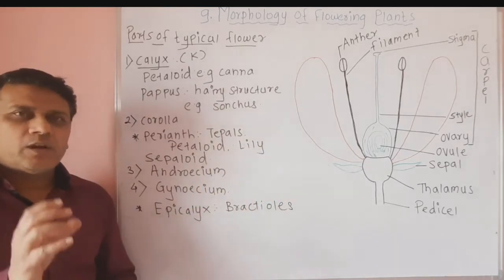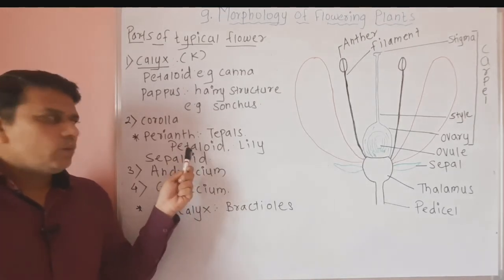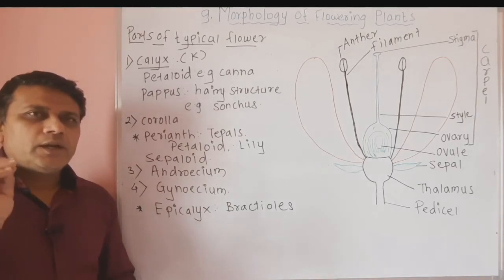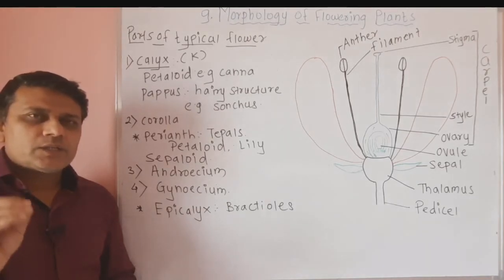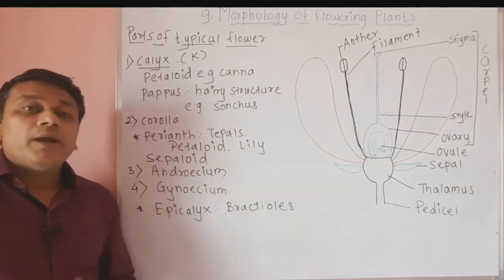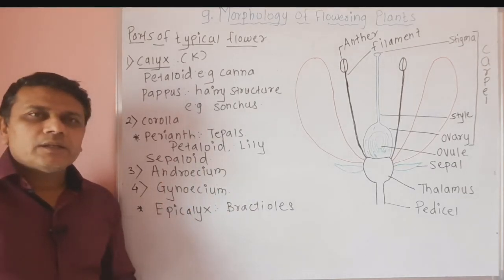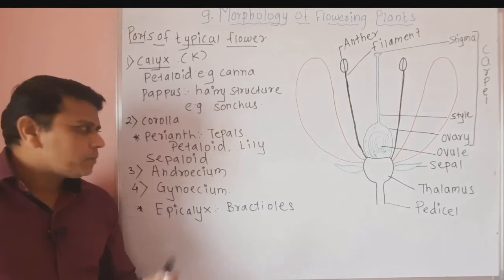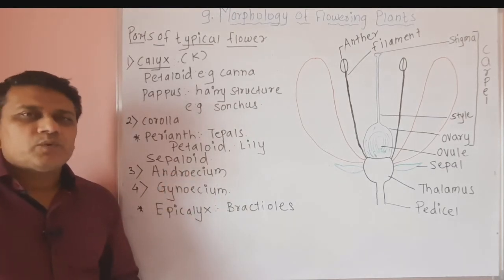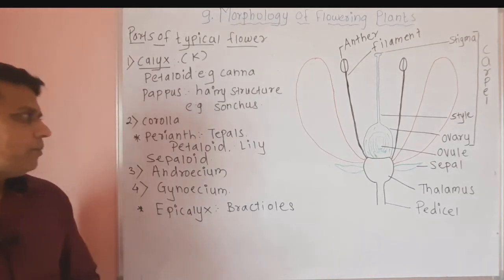Now you know that lilies are of different colors. So these lilies show petaloid perianth, and the main function, that is attraction of insects for pollination, is carried by colored or petaloid perianth. Then in some plants, the perianth is green in color, and such perianth is called as sepaloid, and it carries the process of photosynthesis as it contains chlorophyll.